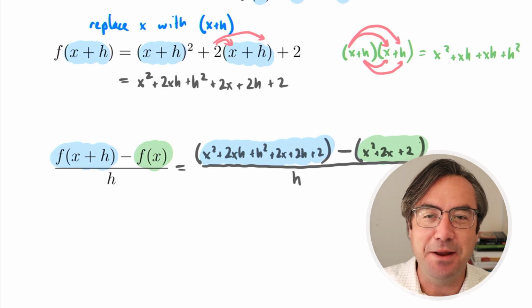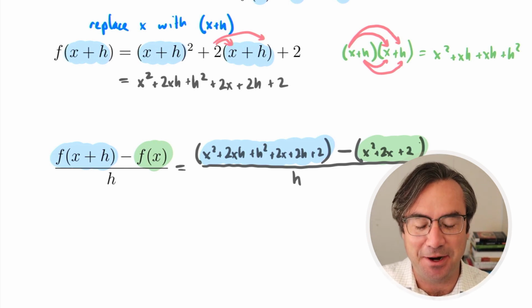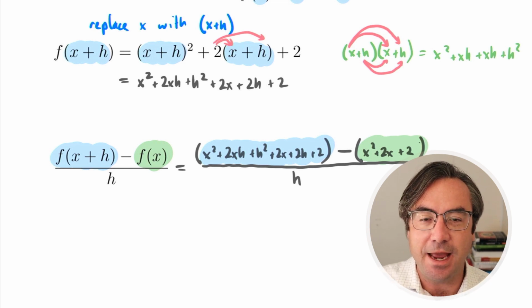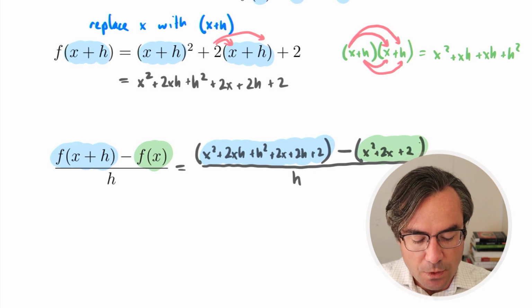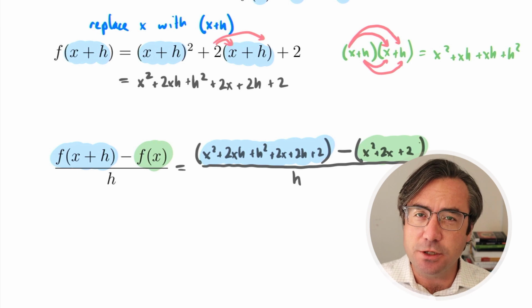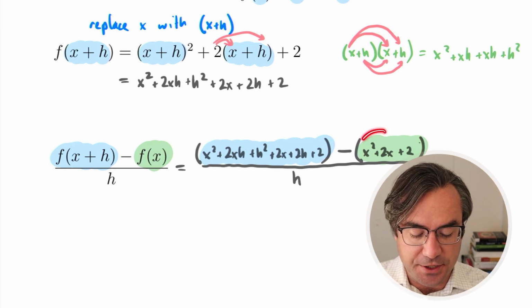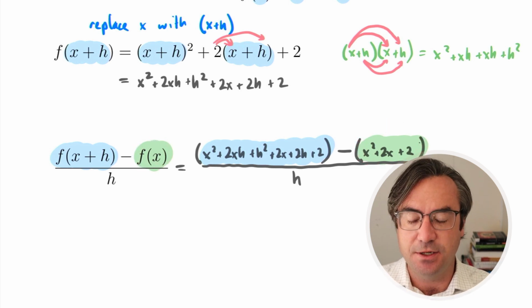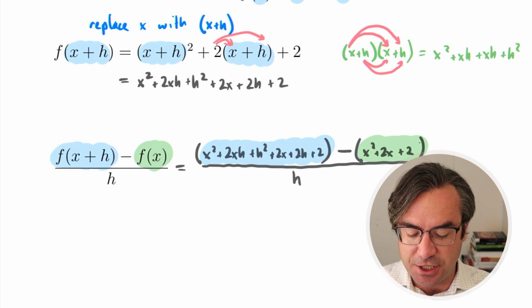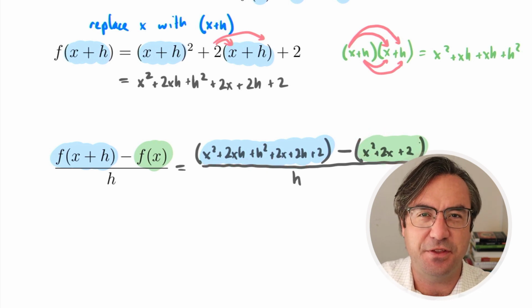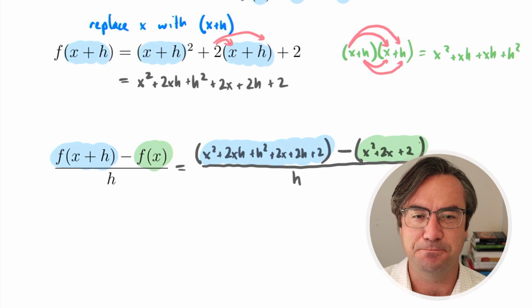Some of you might argue with that, but this is the fun part because a lot of canceling happens here. You want to start by looking at all the terms here, because usually when we're doing these, all these terms end up getting canceled off from the original f of x. So when we do the f of x plus h, there's some additional stuff in there that cancels off the original f of x part.